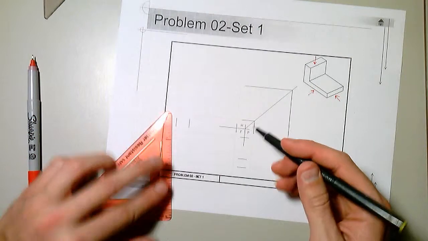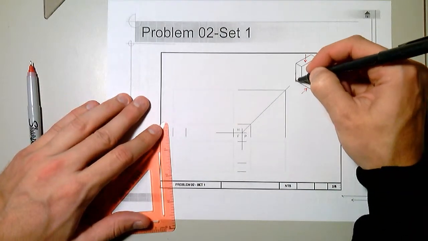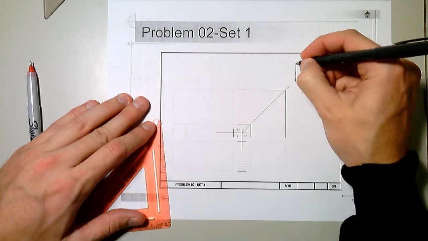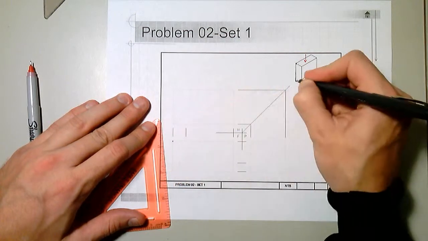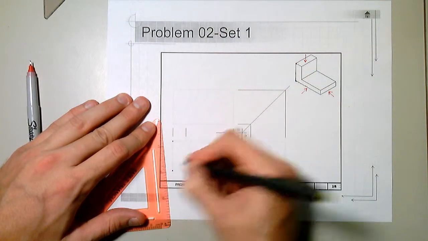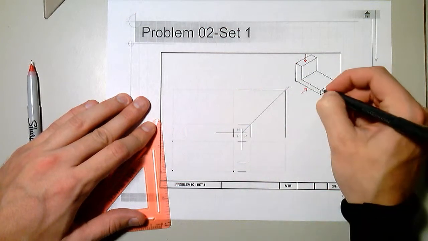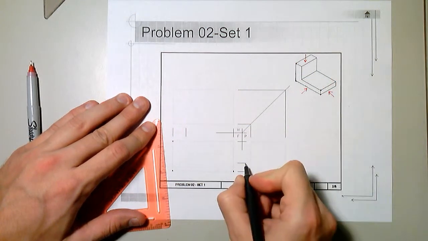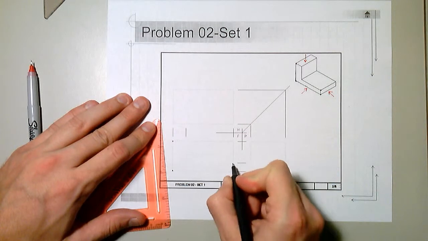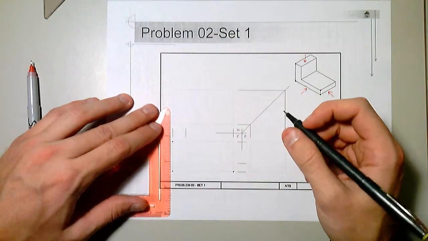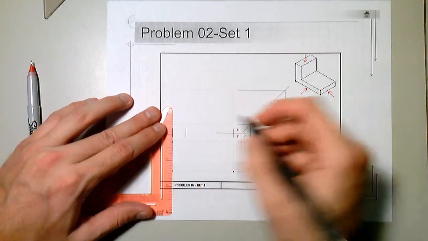Let's draw this edge. We're basically going to take this point, and that point goes here. This point, and this point goes here. And these points are transferred, right? And if you want to look for that point, this line that the problem has given us will be that point. But let's go ahead and close in this edge.